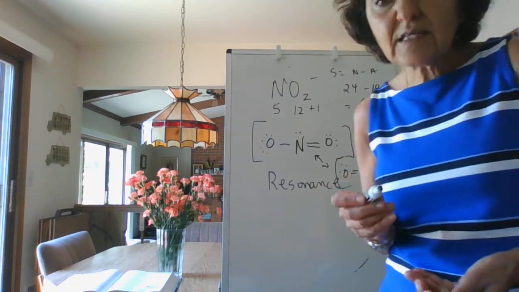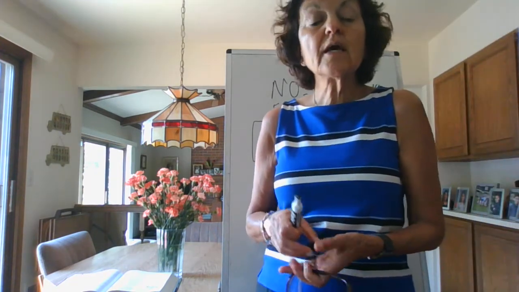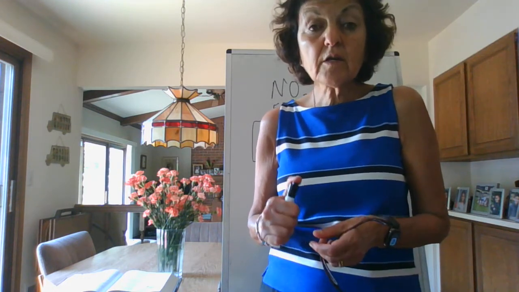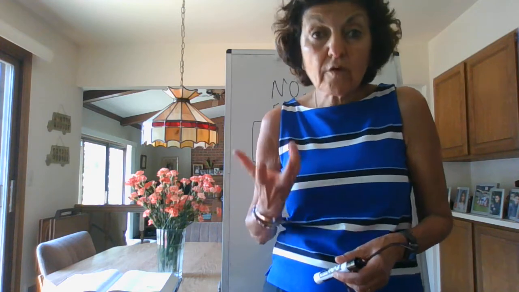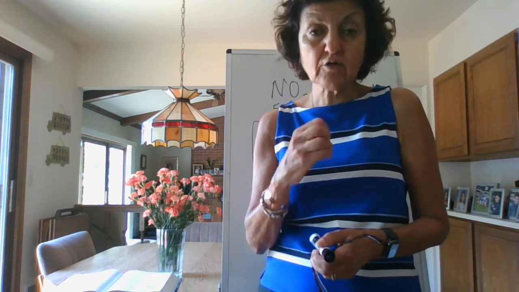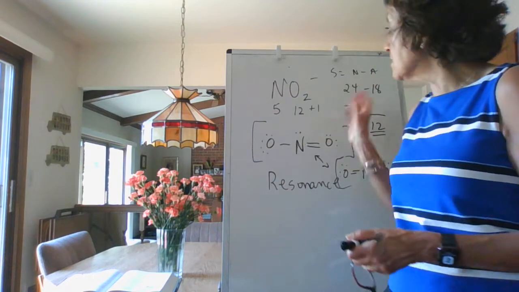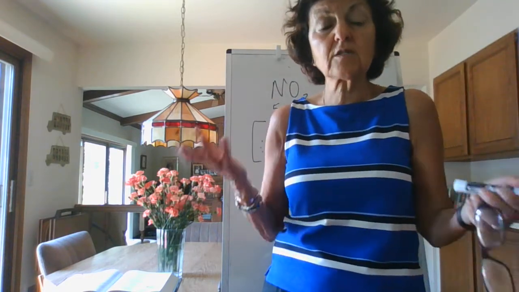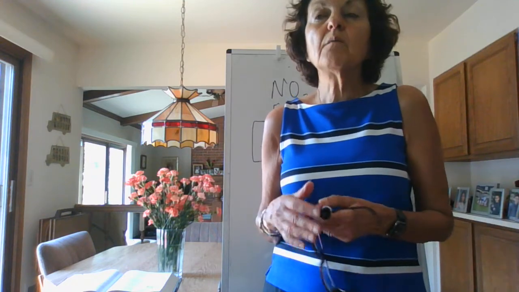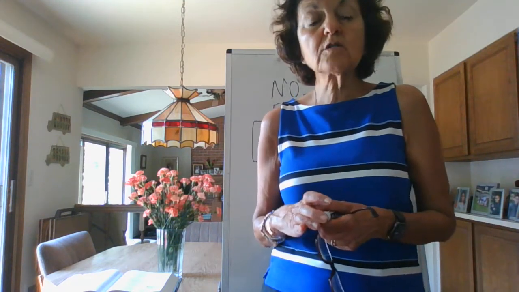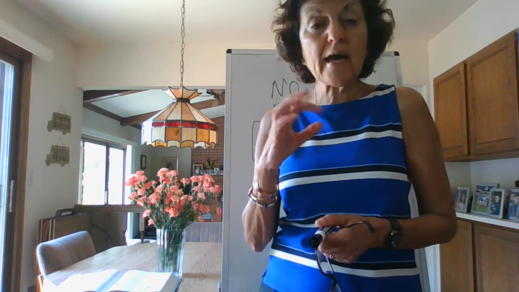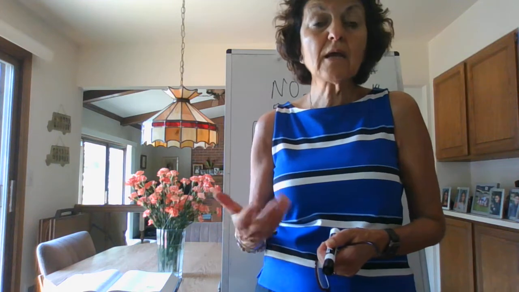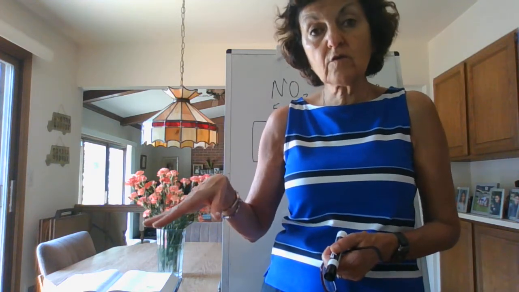In the next video, I'm going to introduce exceptions to the octet rule. We're going to do molecules that carry more than 8 electrons around the central atom. Remember, all of these had 8, or with the case of boron, it had 6 because its octet is 6. But you're going to see molecules that have central atoms that are in the 3rd period and 4th period, meaning they've got a D zone that they could use.